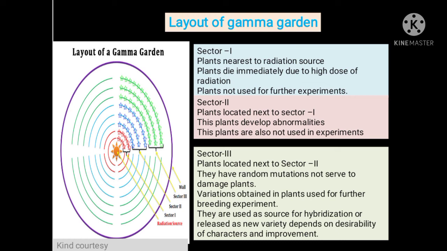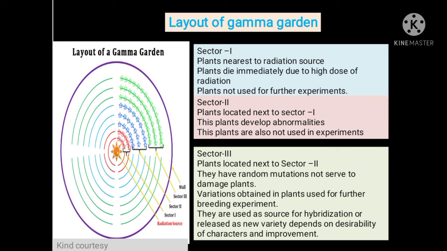In the second sector, the plants located next to the first sector develop abnormalities. These plants are also not used in experiments. While in the third sector, the plants located next to the second sector have random mutations that do not seriously damage the plants.